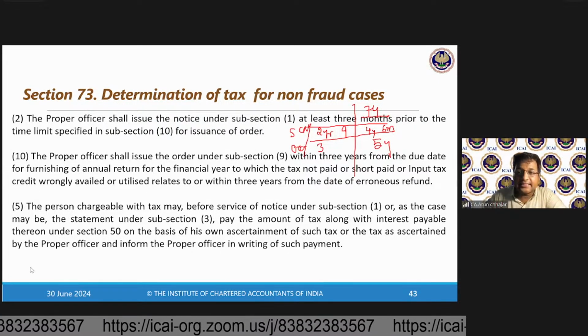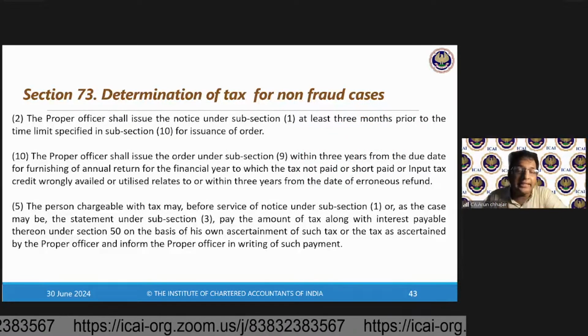Now, there is a slab-wise rate of the penalty.